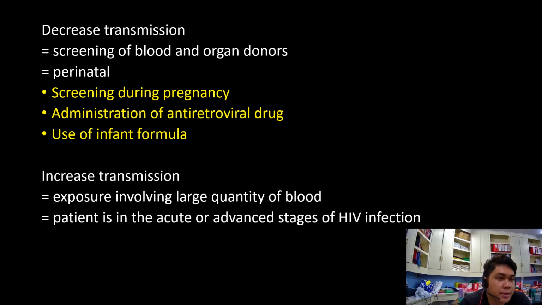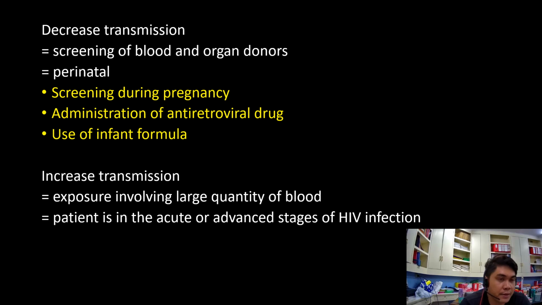Next are the ways to decrease transmission of HIV. First is screening of blood donors, and second, you also need to screen organ donors, because HIV can also be transmitted via organ transplantation. The next is perinatal transmission. To reduce perinatal transmission, first you need to screen pregnant women for HIV infection.